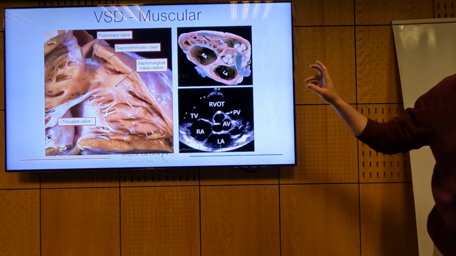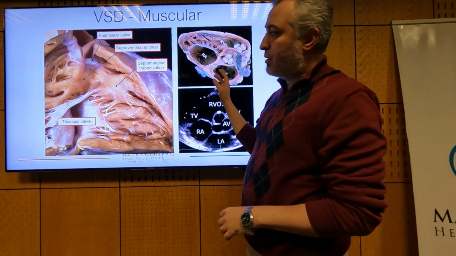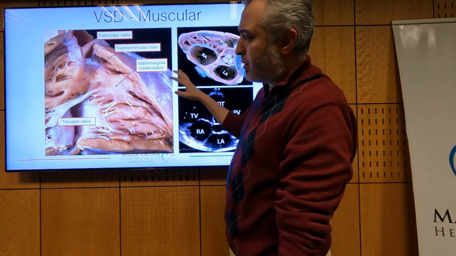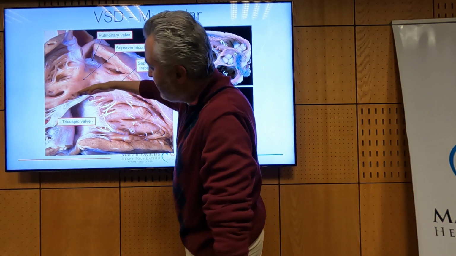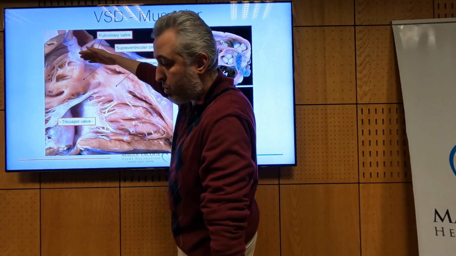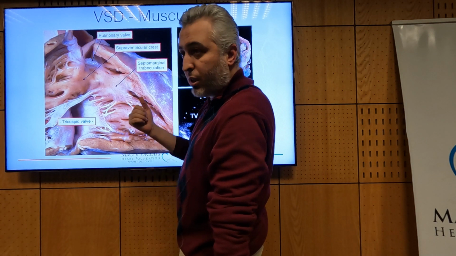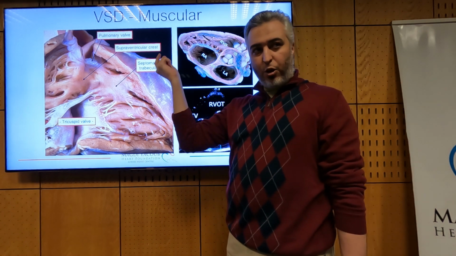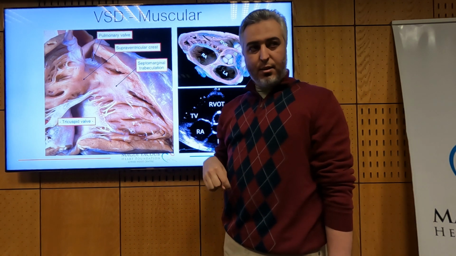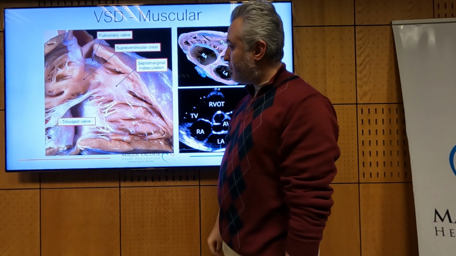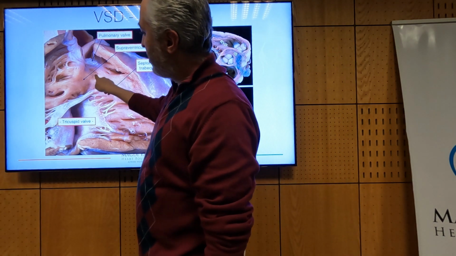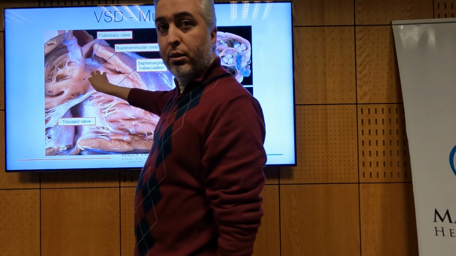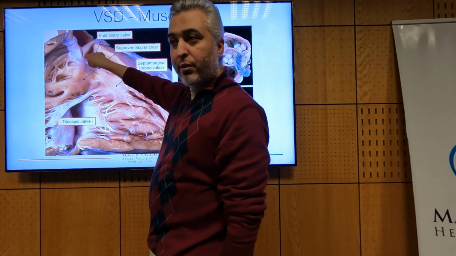What if you have an outlet muscular VSD? So where is the outlet? Anything above the medial papillary muscle, you consider that an outlet. What is a muscular VSD? It is a VSD that's surrounded by muscle all around from the right ventricle side. Okay? So to be here, it does not reach the tricuspid valve, does not reach the pulmonary valve.